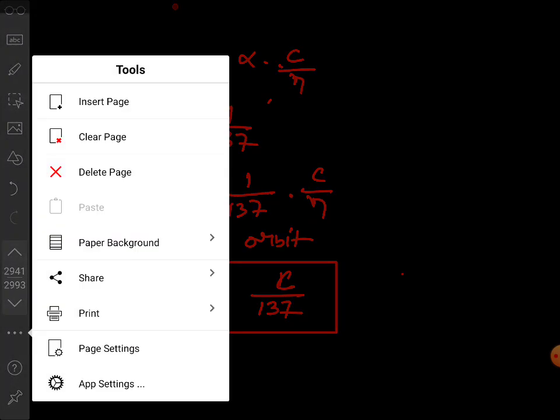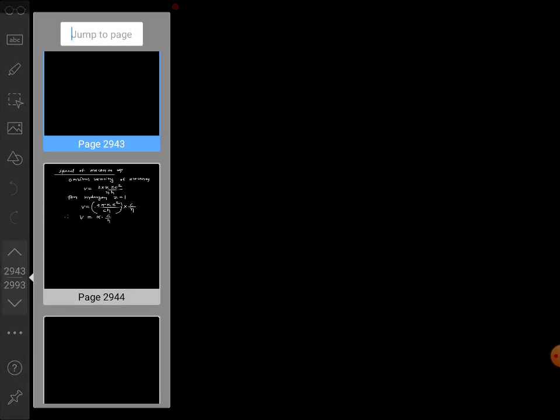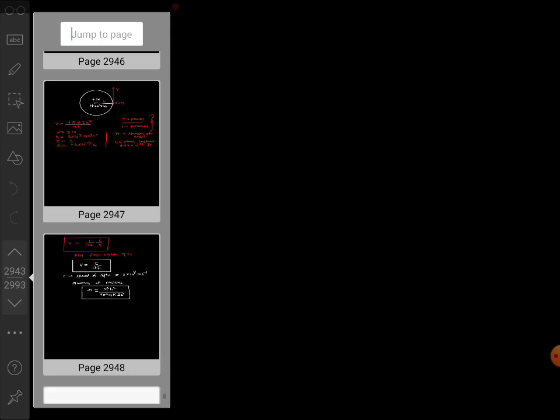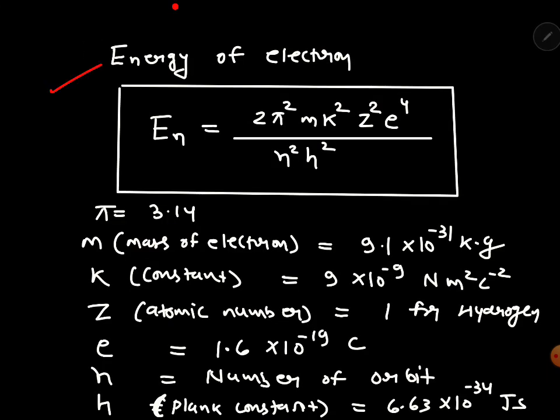Similarly, the energy of the electron in a certain orbit is equal to 2 pi square m k square z square e to the power 4 upon n square h square. If someone asks you what is the energy of the electron in the nth orbit, it can be explained by this expression.